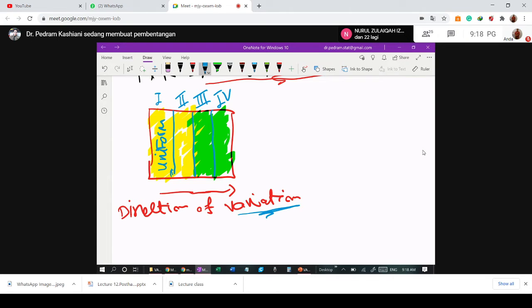So I want the treatment to be significant. I want to find the differences among my treatments. So if my block is significant, I gain precision. If my block is not significant, but the treatment is still significant, then I didn't lose anything.